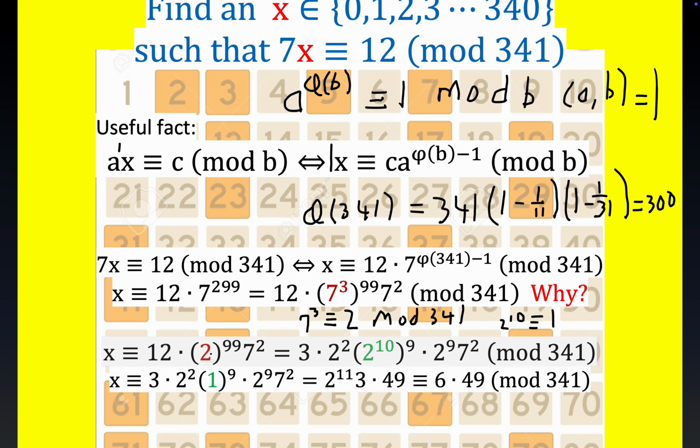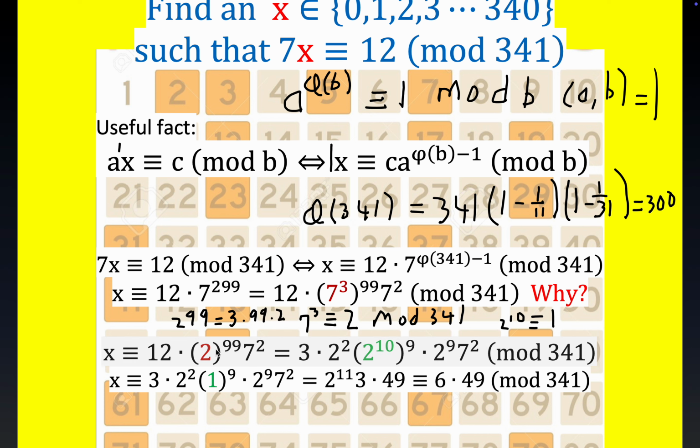In other words, this is just laws of exponents right here, right, folks? In other words, 299 is equal to 3 times 99 plus 2, right? Hope I'm not clearing this up too much.